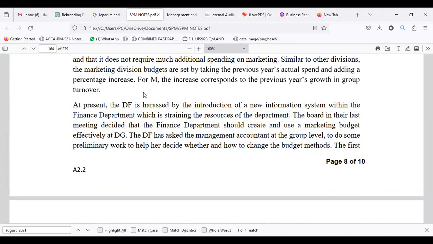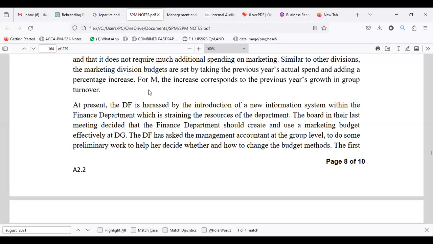At present, the DF, which is the Director of Finance here, is harassed by the introduction of a new information system within the Finance Department, which has strained the resources of the department.